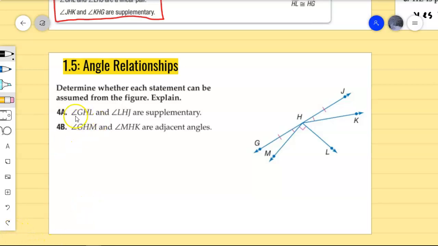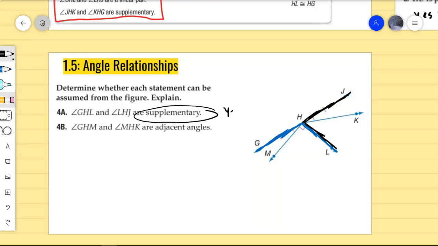A little quicker. Angle GHL. All right, so GHL and LHJ. Can we assume that those two are supplementary?